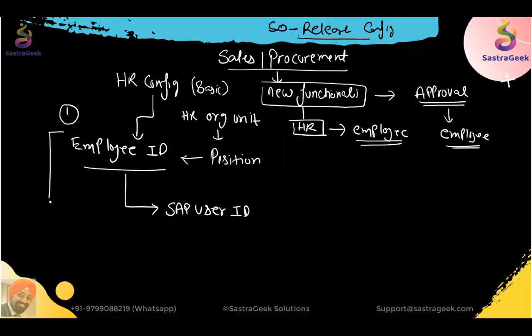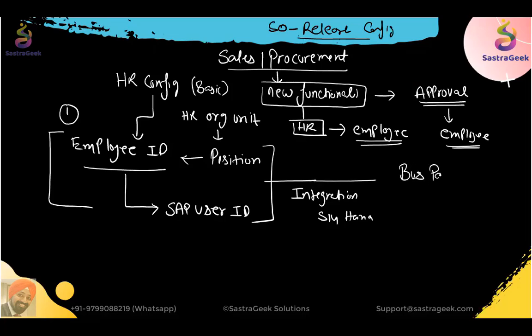So once this linkage is done, this complete employee ID is created and would be integrated in S/4HANA with your business partner. So for each employee, a person business partner would be created.